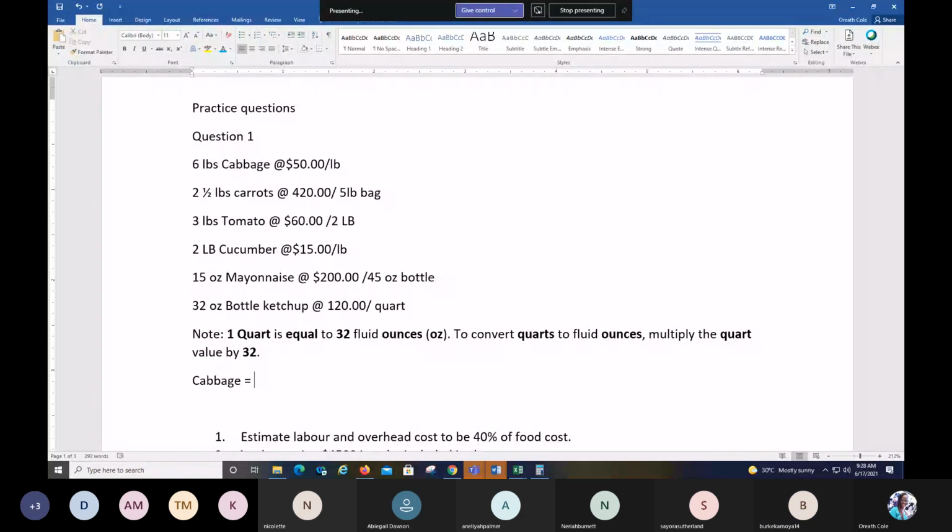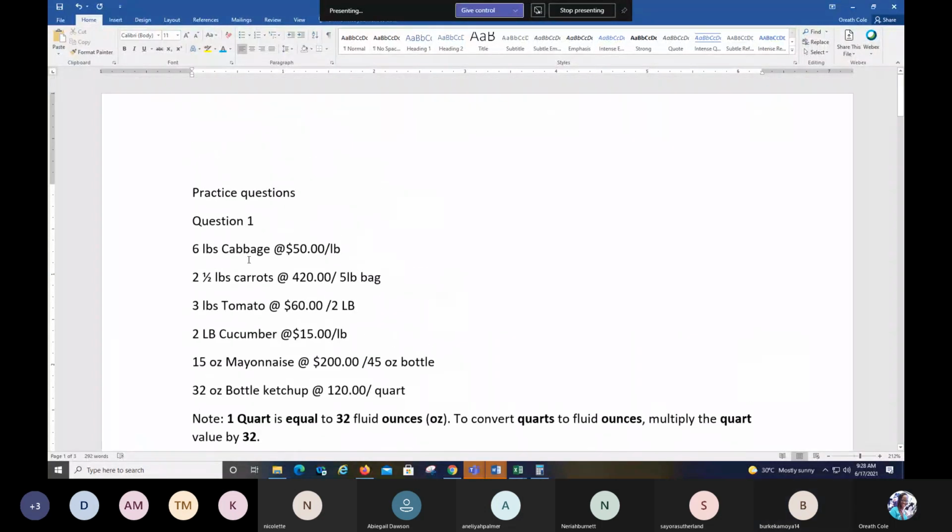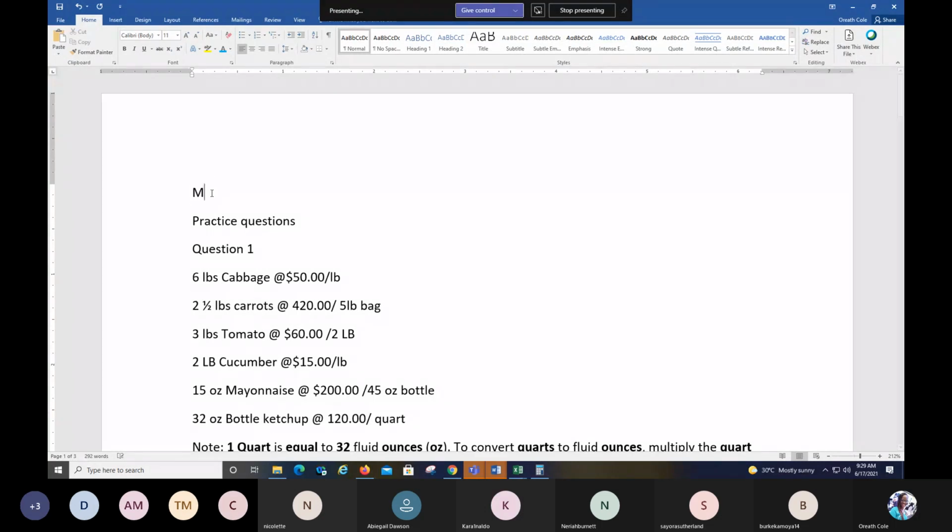We are doing menu costing, you could call it, or something like that. But there's no specific formula.